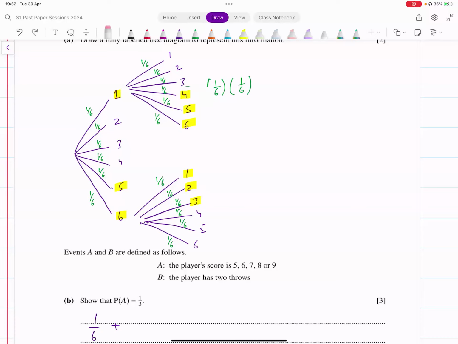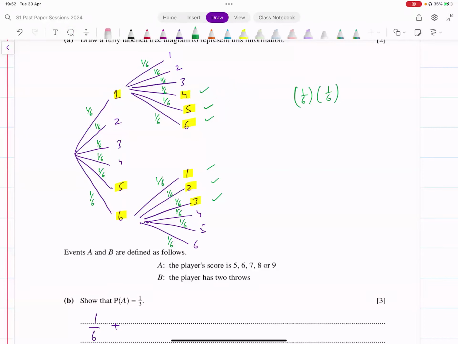Now, all the other possibilities that I have here, this one, this one, this one, this one, and this one, they are basically all the same cases in the sense their probabilities are going to be the same. All of them have 1/6 into 1/6 probabilities. So what we can do is say we have 6 cases like these, and that could reduce our working a bit.